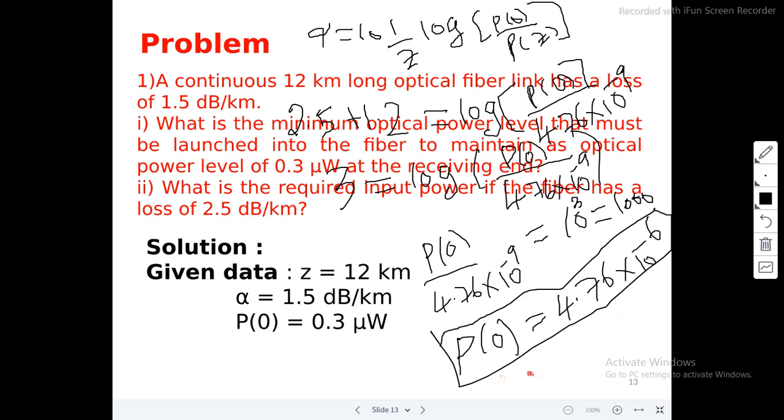Or otherwise we will also write the value as 4.76 microwatts. Sorry, I remember the units is watts. Therefore P of 0 is equal to 4.76 microwatts. That is the input power.